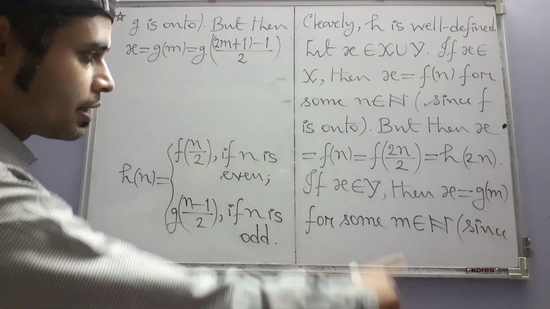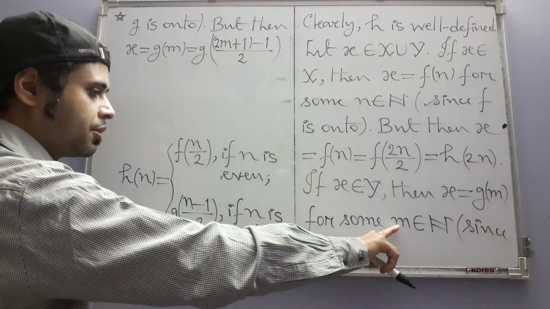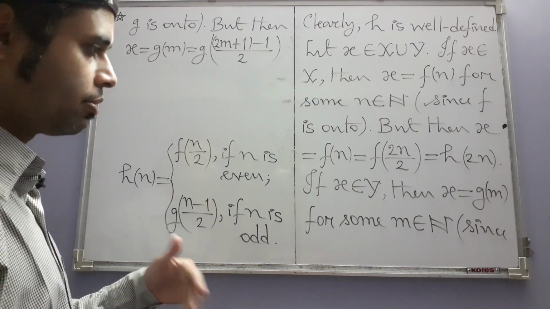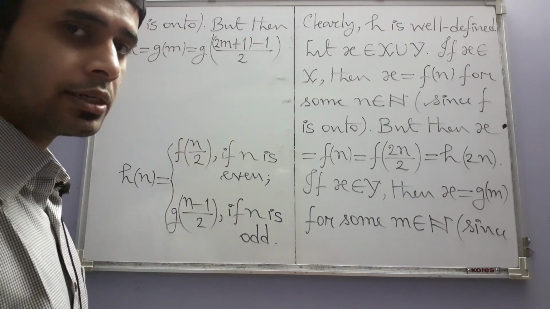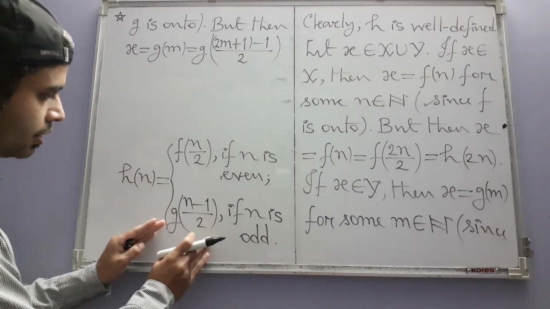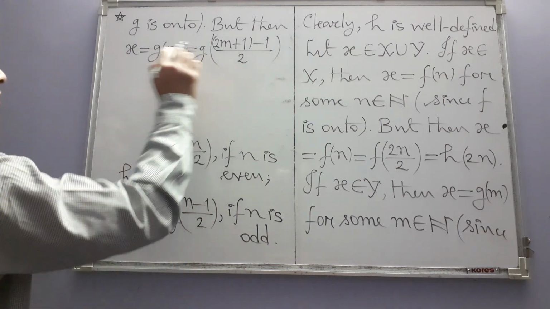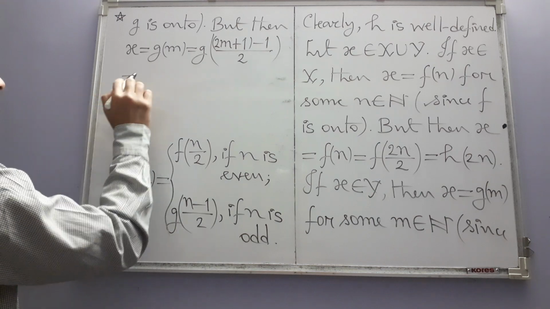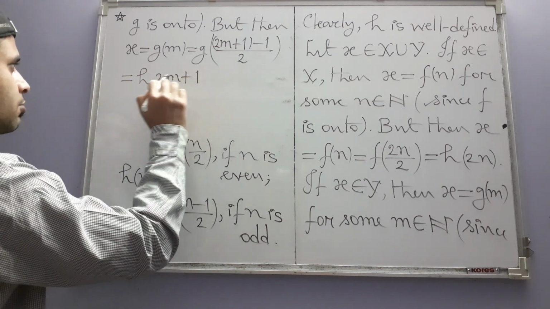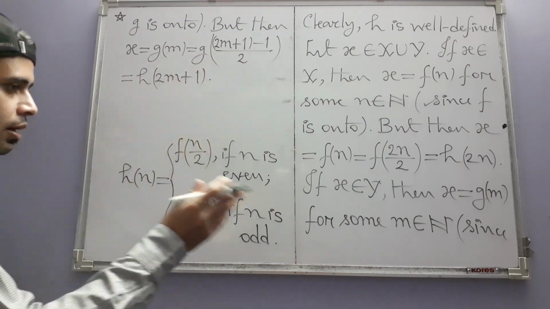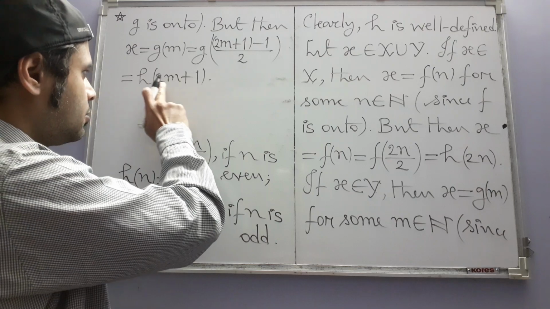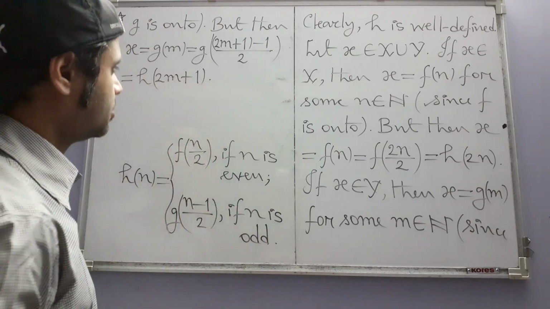Now just like that previous case, because m is a natural number, 2m plus 1 is also a natural number, but it is odd, and that is why from the definition of h, this becomes equal to h of 2m plus 1. So in this case also we have realized x as an output under h with this input.